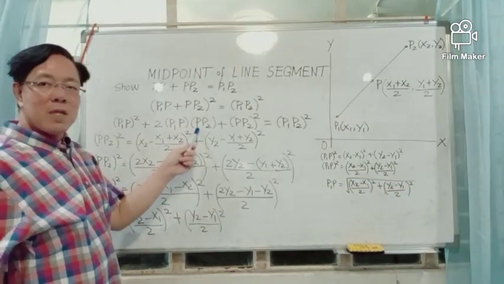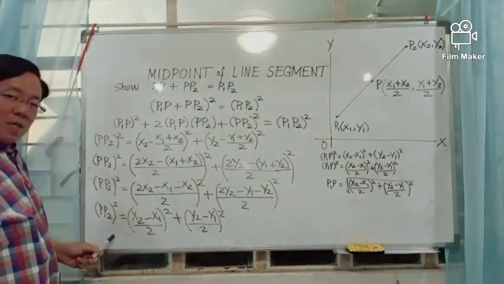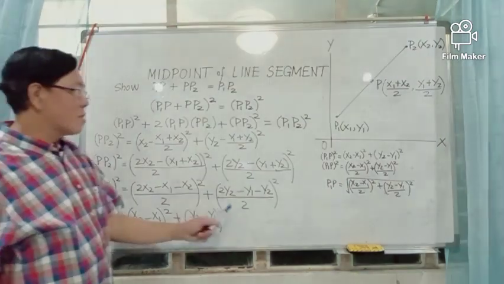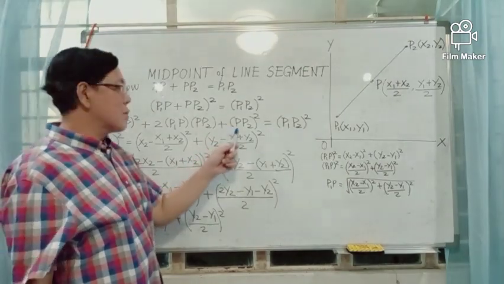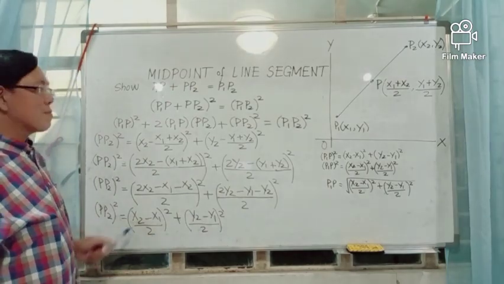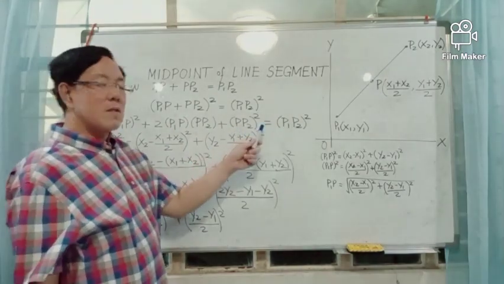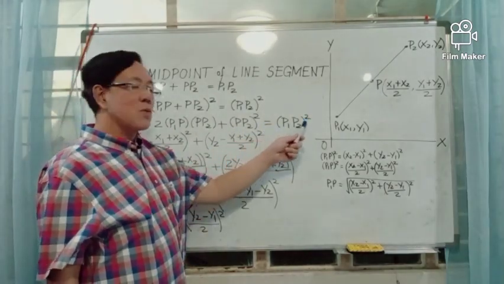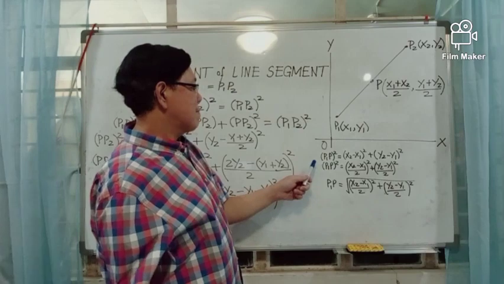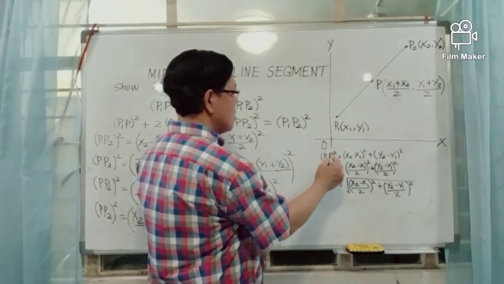We substitute the value of the distance between P and P2, which we can get from here by getting the root of both sides. And we finally substitute the square of the distance between P1 and P2, which is given by this. After substitution, we will simplify, and we will show that after simplifying, it is equal to the square of the distance between P1 and P2, which is given by this.